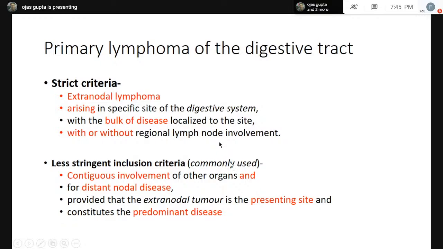However, the most commonly used, less stringent inclusion criteria allows contiguous involvement of other organs or any distal lymph node disease, provided the extranodal tumor is the presenting site and constitutes the predominant disease. So here, the presenting site and the predominant disease is in the GIT.